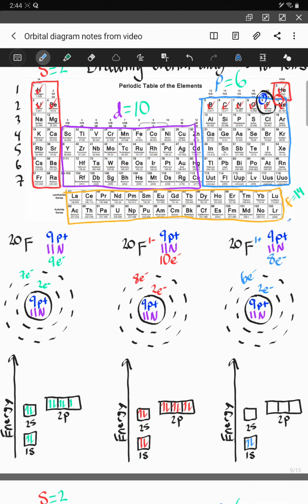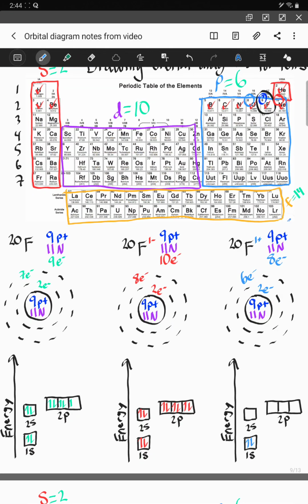That would be oxygen here. So we can check off as we go through the periodic table and then just stop at the element that has 8 electrons.